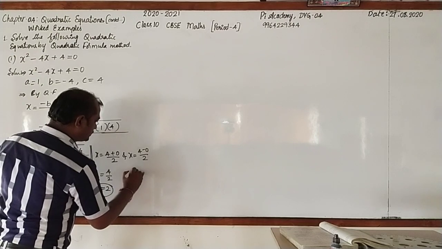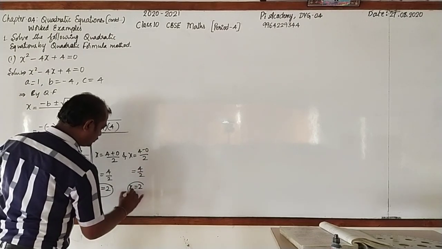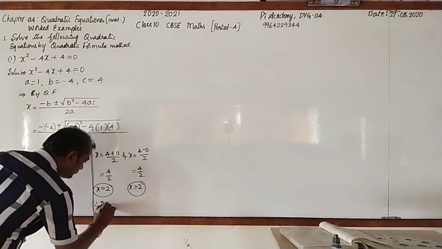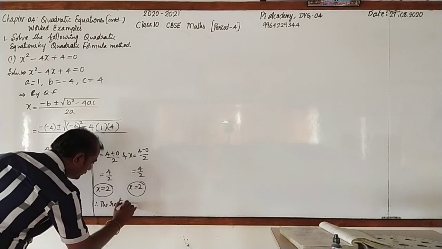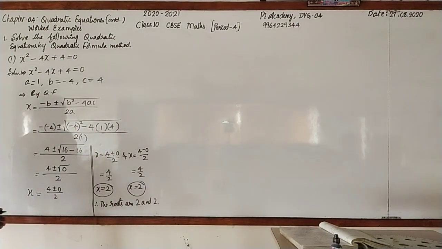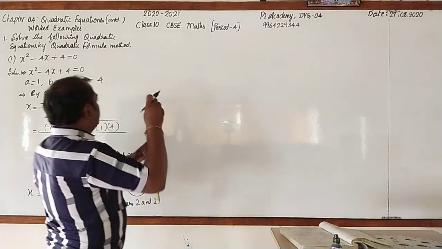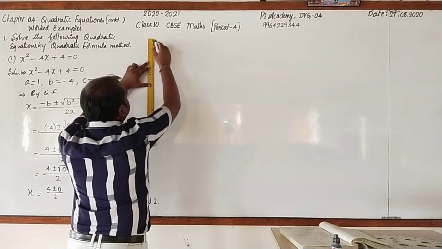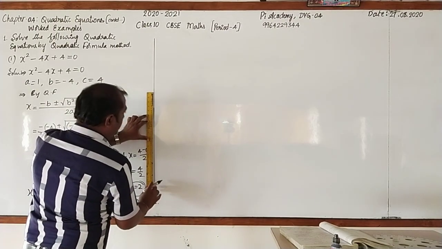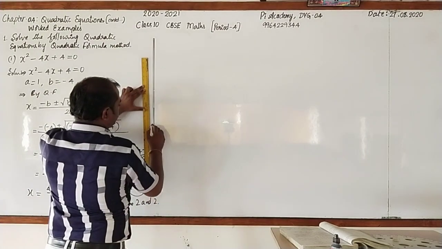Then here it's equal to 4 minus 0, 4. 4 by 2. x equal to 2. Understood? Therefore, the roots are 2 and 2. Clear? So first problem is over. Now I'll go for taking the next problem. And pausing the video, you can go for writing this.